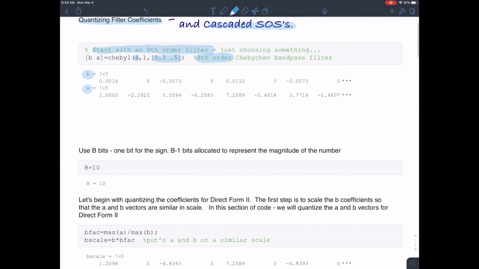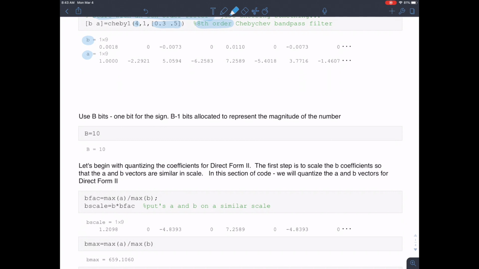In a previous video we talked about how to do that. We're going to use that Q coefficient code that comes from the Proakis book. We're going to use B bits, where one bit is allocated for the sign of the number, and we have B minus 1 bits allocated to represent a combination of the integer part of the number and the decimal part of the number.